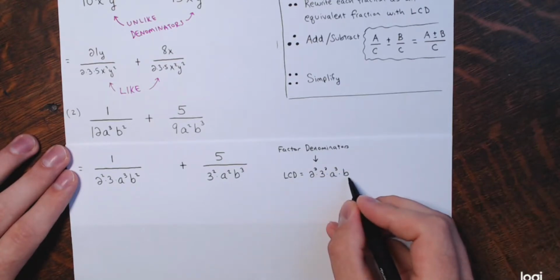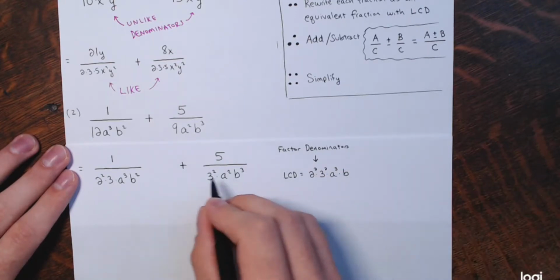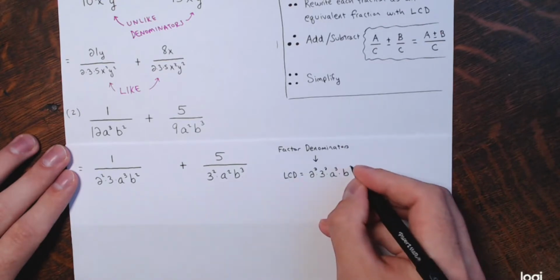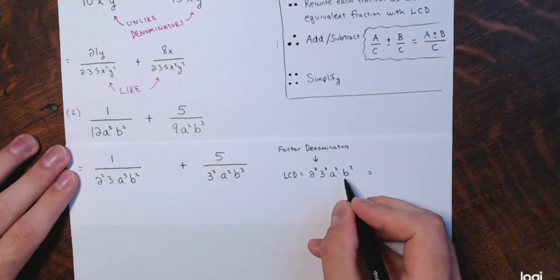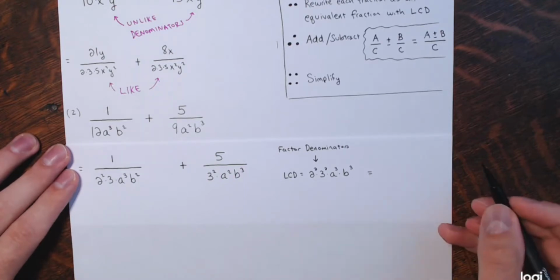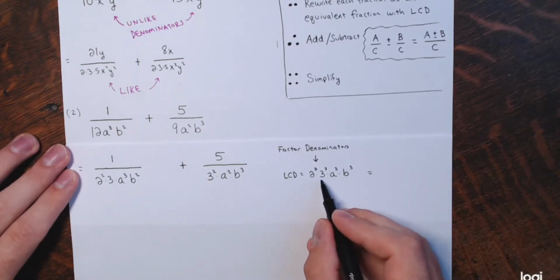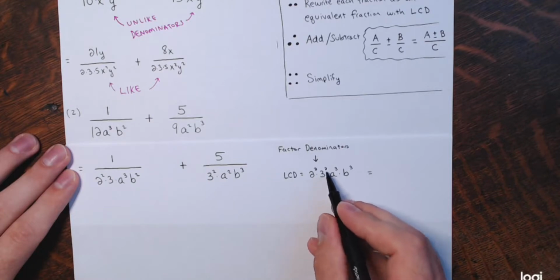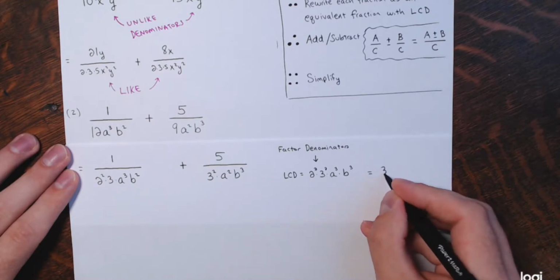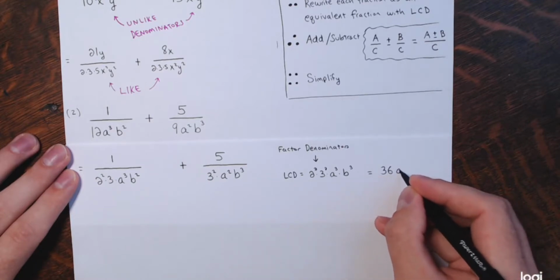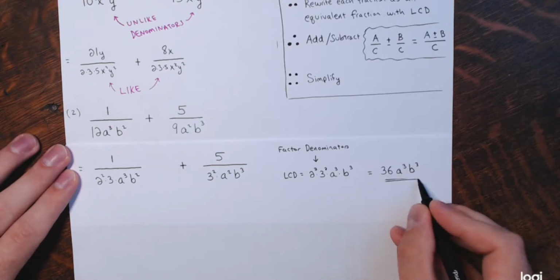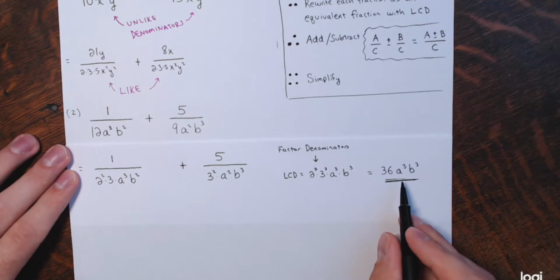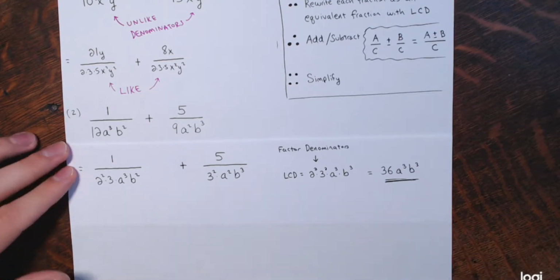And the highest power on B is B to the third, so B to the third is in the LCD. So again, you can leave it factored like this, and then at the very end, if you wanted to multiply this out, this is 4 times 9, this is 36 a cubed b cubed. All right, so there's the LCD. This is what I want to turn both denominators into.